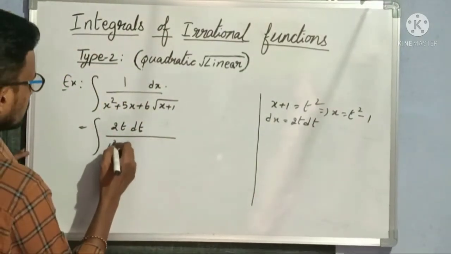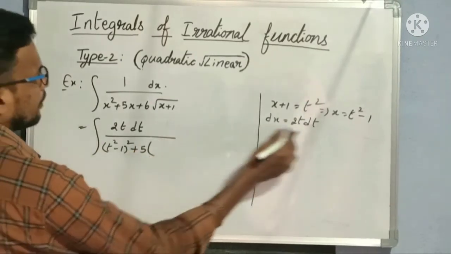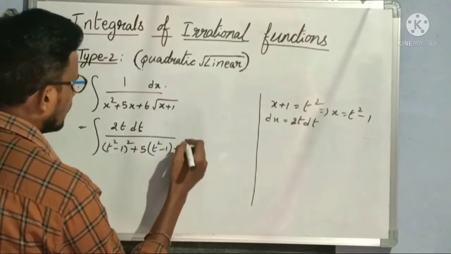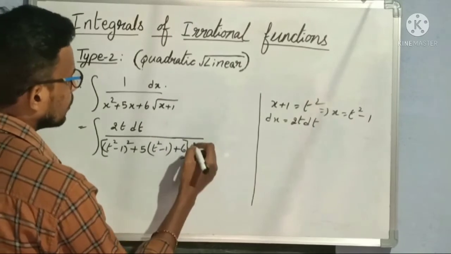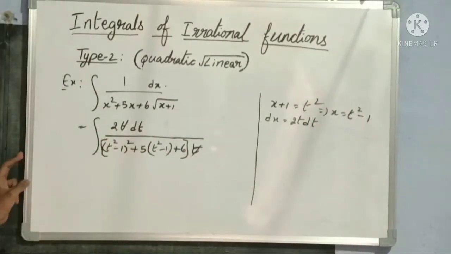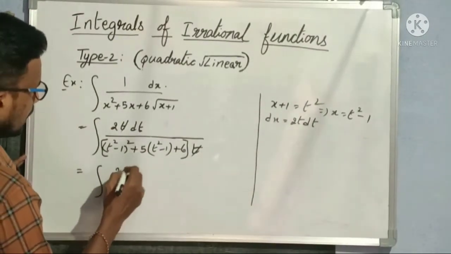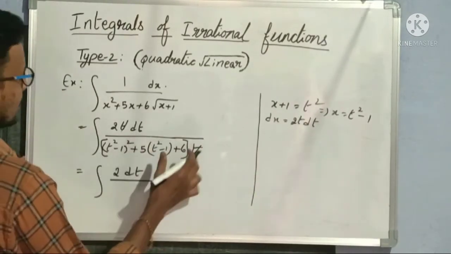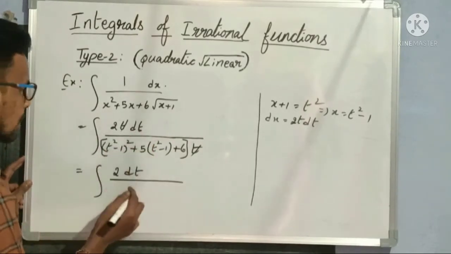So that is t square minus 1 whole square plus 5 into, in place of x, again t square minus 1, plus 6, into, again root of x plus 1 is t. So t gets cancelled. I am left with integral 2 dt by, now we have to open the brackets and simplify. a minus b whole square is a square minus 2ab plus b square, right?